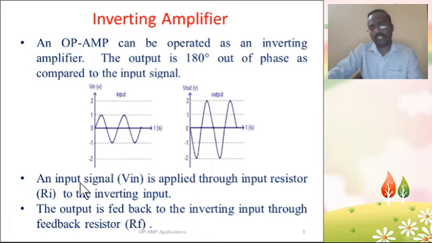This means the input signal is an AC input signal which is applied to the inverting input terminal of the op-amp. At the same time, the output is also fed back to the inverting input. This means the output signal is fed back to the input through feedback resistor RF. The main purpose of RF is to provide negative feedback.